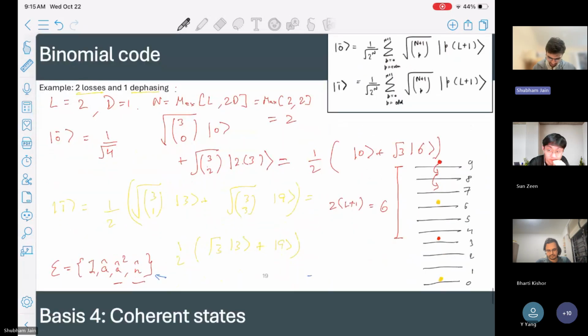But now you will need to check it for A, all of these, plus all the combinations of these things.